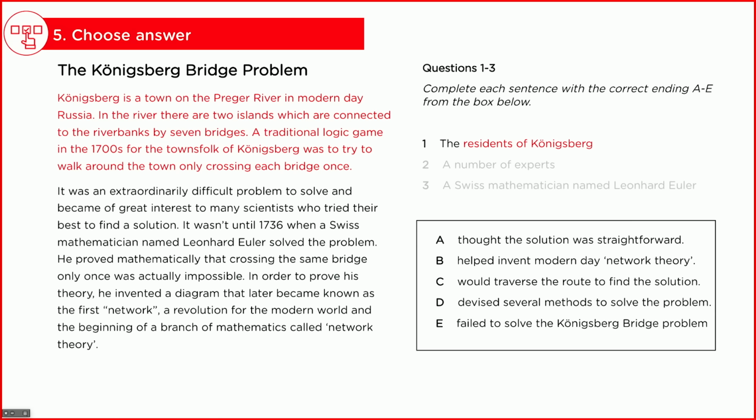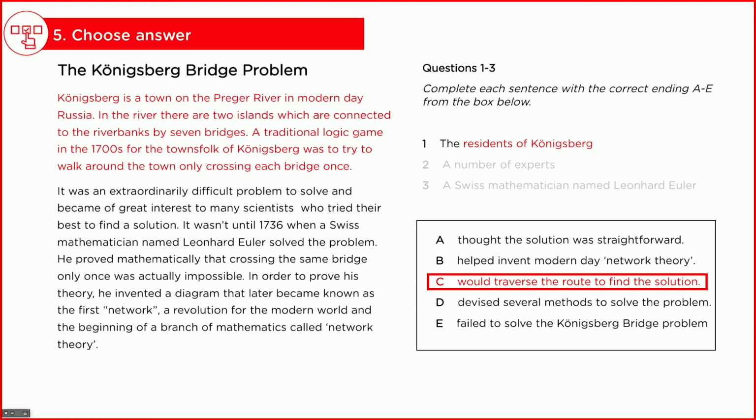Cool, hopefully you've understood that, because then what you're going to do is choose the correct ending of the sentence here. So the residents of Königsberg thought the solution was straightforward, helped invent modern-day network theory, would traverse the route to find the solution, devised several methods to solve the problem, failed to solve the Königsberg Bridge problem.